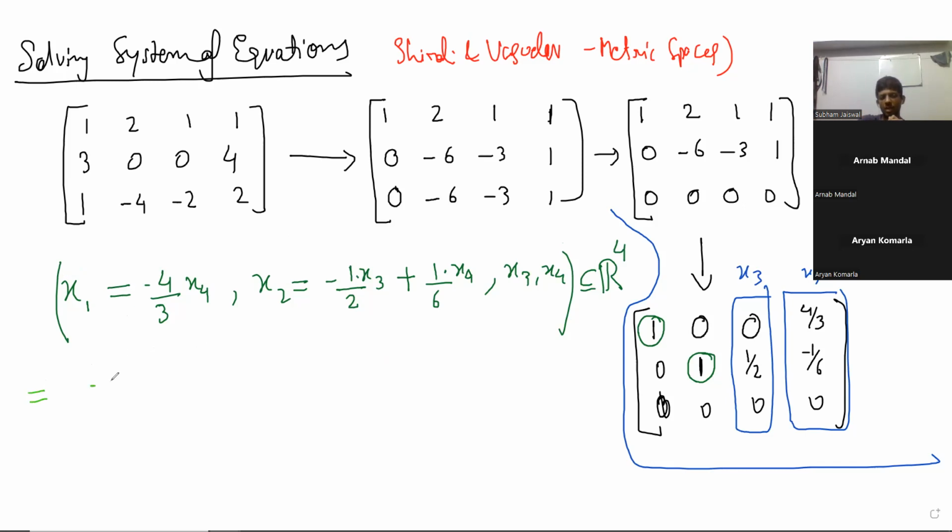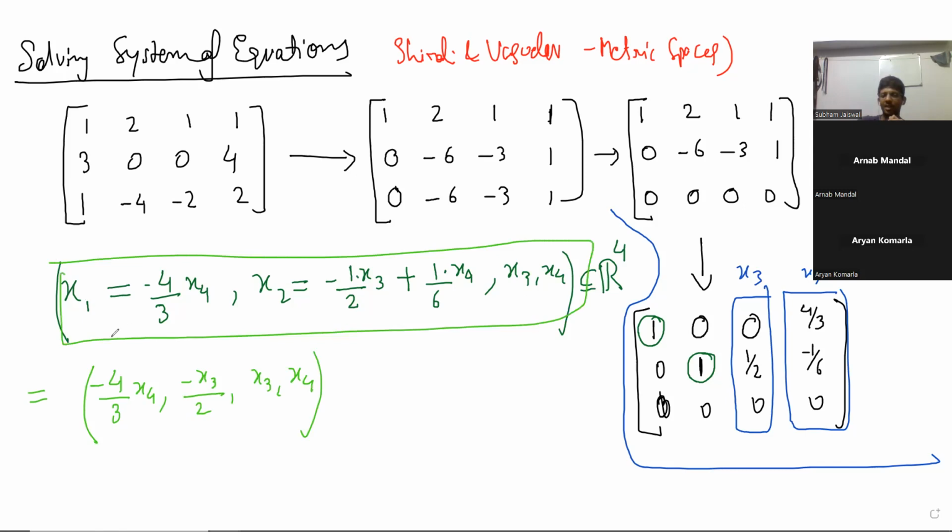So if you write it first directly like that, then it is this. I've copied the same thing. In fact, this is the correct way to write. That is not a correct way to write, actually. This is not in R4, I mean, in some sense, right?